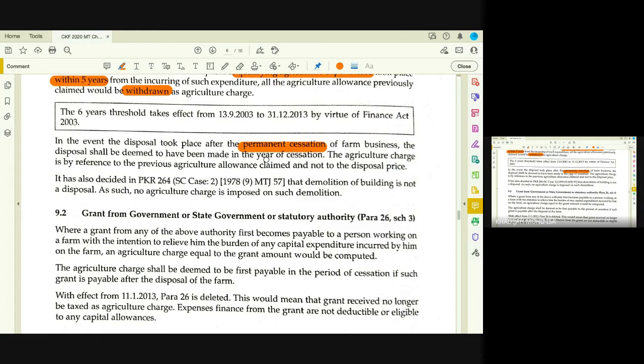The agriculture charge is by reference to the previous agriculture allowance claimed and not to the disposal price. So even though you do have a disposal price, that is disregarded. Whenever there's a disposal within 5 years, you look at how much you have claimed, and that will be your balancing charge.